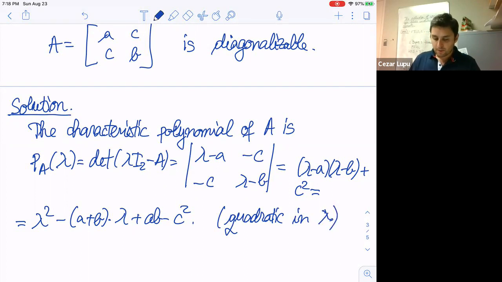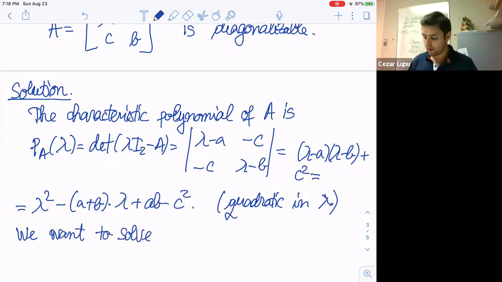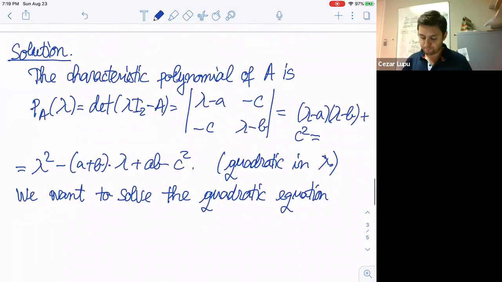And now we would like to solve this equation, the quadratic equation: lambda squared minus a plus b times lambda plus ab minus c squared equals 0.